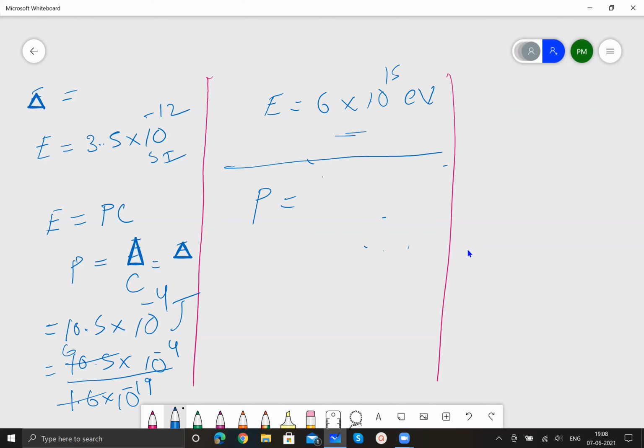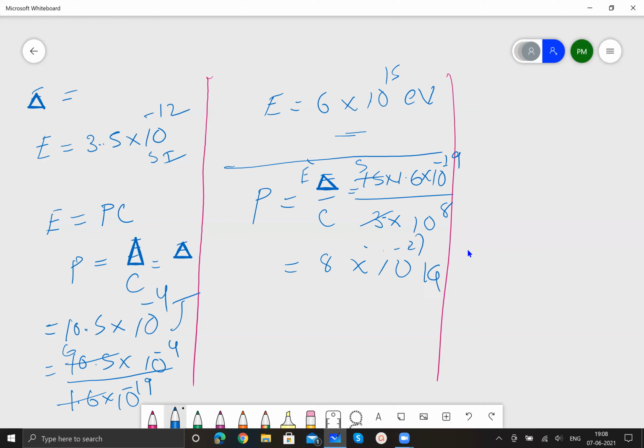So it should be E by C, correct? 15 into 1.6 into 10 to the power of minus 19 by 3 into 10 to the power of 8. This is 1.68 into 10 to the power of minus 27 kg meter second inverse. Next.